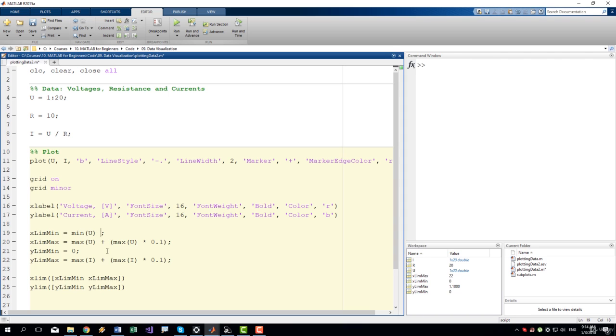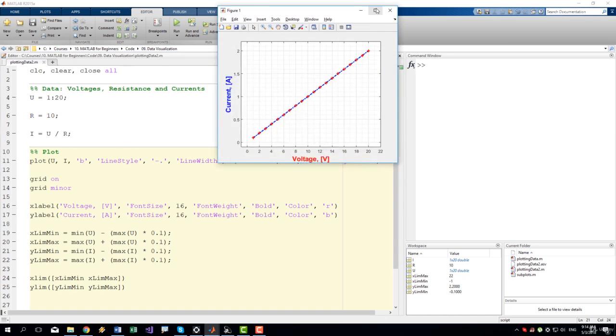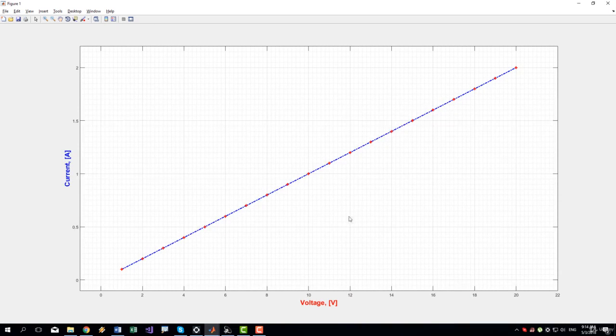So we are saying minus the maximum of u times 0.1. And let's do the same thing for the y limit. So minimum of I, minus the maximum of I times 0.1. Run it, and you can clearly see that we have the exact same extended boundaries on all sides of our graph.